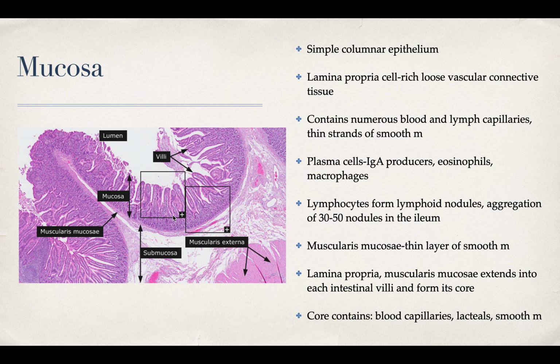The muscularis mucosa is a smooth muscle, and they all together extend into the intestinal villi and form the core. And the core contains all of these, and lacteals are just ducts.